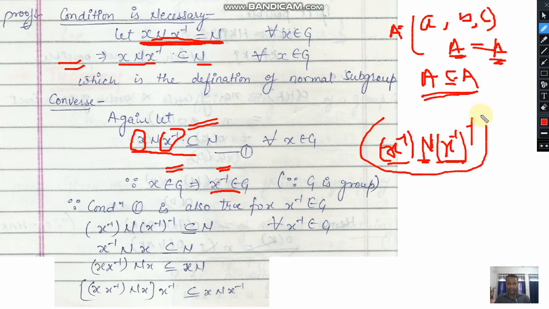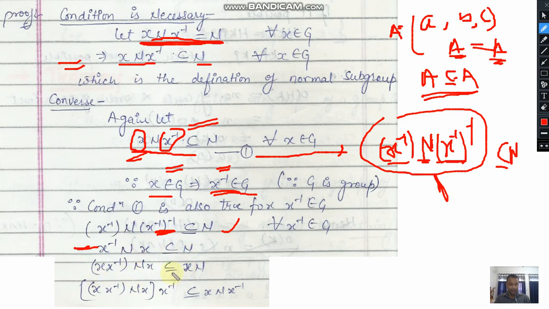Now if I take this composition, then it will be a subset of N as per equation number 1, because in equation number 1 we are taking the element x, so that this result is true. If x belongs to G, then x inverse will also belong to G. Now I am writing this statement for x inverse. So this result is true. Now the inverse of x inverse will be equivalent to x.